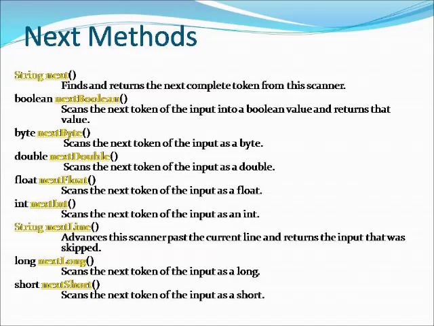It is for reading a single word from the user, or getting a single string value from the keyboard. Then the next one is next boolean, for accepting a boolean value. Next byte is for accepting a byte. Similarly, next long is for accepting a long value. Next short is there. Then we have one important one, next line.